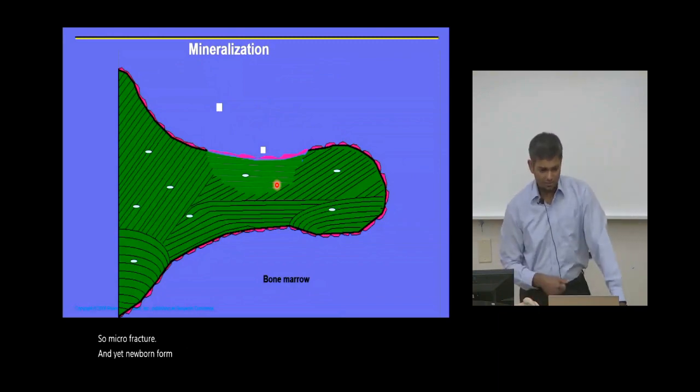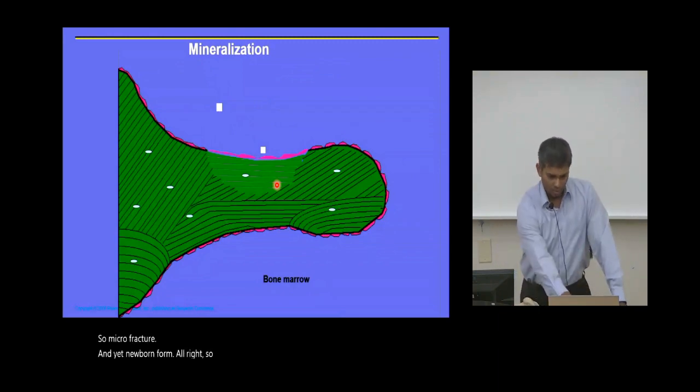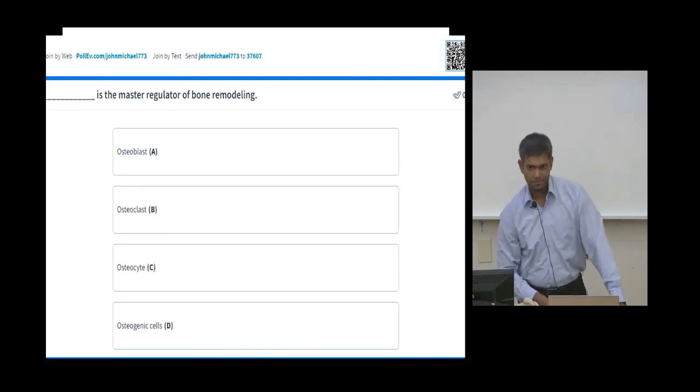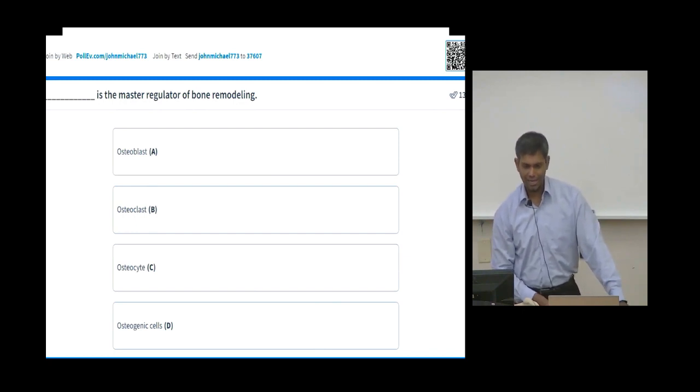Alright. So moving on, which do you think is the master regulator of bone remodeling? Among the different types of cells in the bones, which do you think will regulate bone remodeling? Is it osteoblasts, osteoclasts, osteocytes, or osteogenic cells?